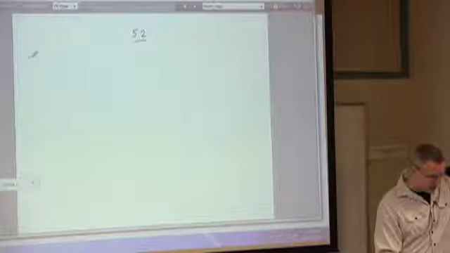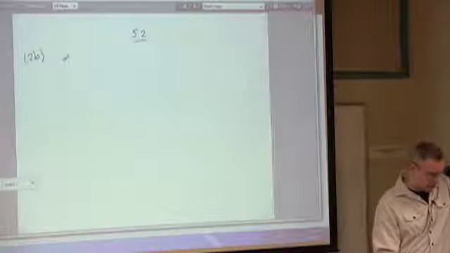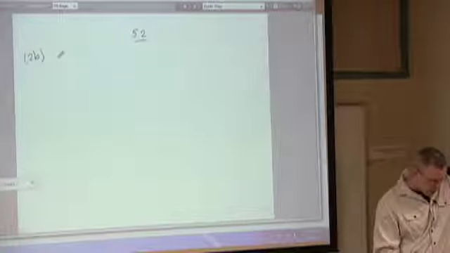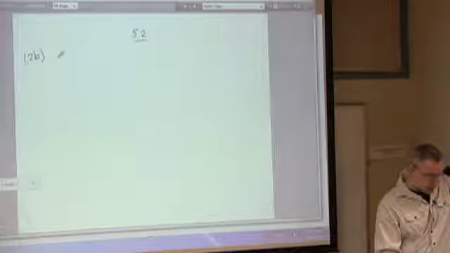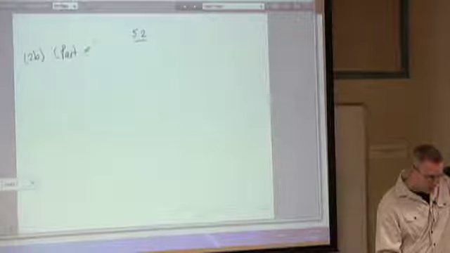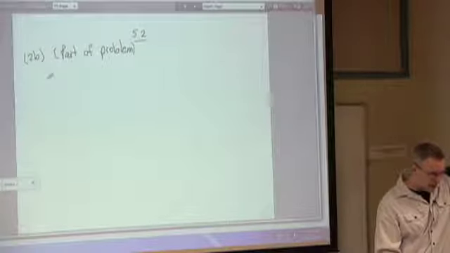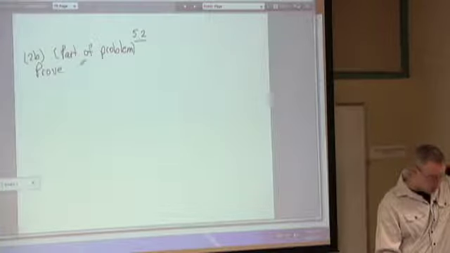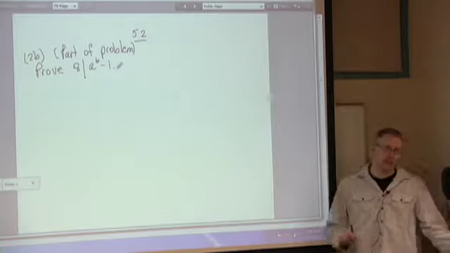I did this last time, but if you remember number 2b, and I only did part of this, part of the problem, not the entire problem, it essentially amounts to you proving that 8 divides A to the 6th minus 1, right? We talked about this a little bit last time.